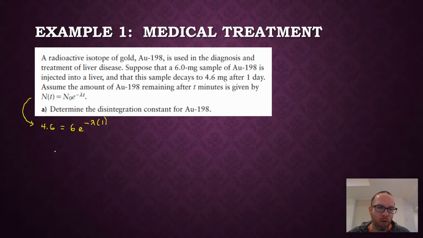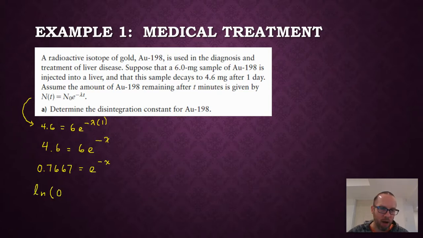We can solve this equation for lambda. 4.6 equals 6 times e to the negative lambda. We've talked about the tools to do this, so let's just grind it out together. I'm going to do it one step at a time, maybe keep a bit of accuracy along the way. So when I divide by 6, I get about 0.7667 equals e to the negative lambda.